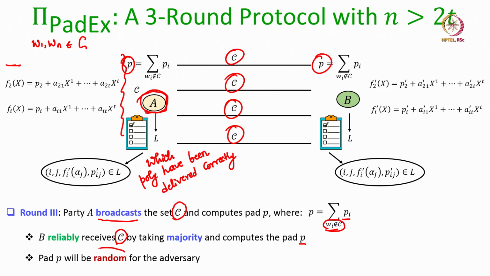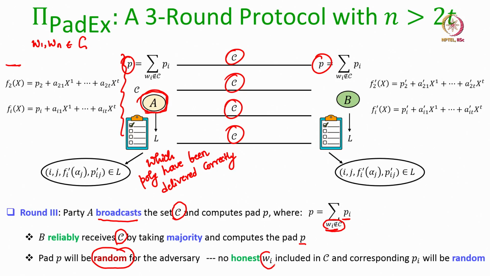Now, why will it be random for the adversary? Because no honest wire would have been included in this set fancy C, because no honest wire will be in conflict with any other honest wire.